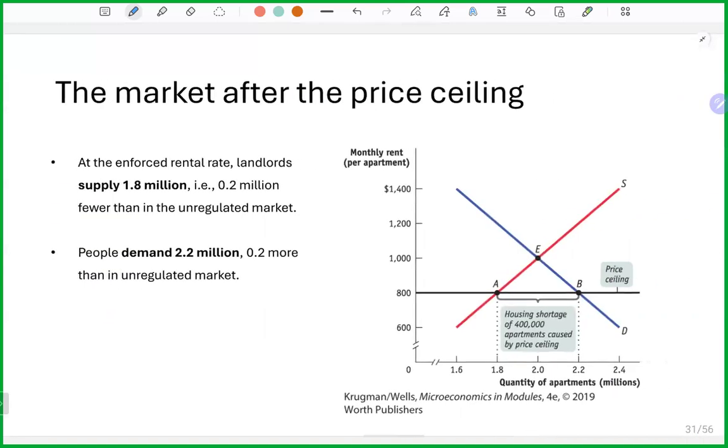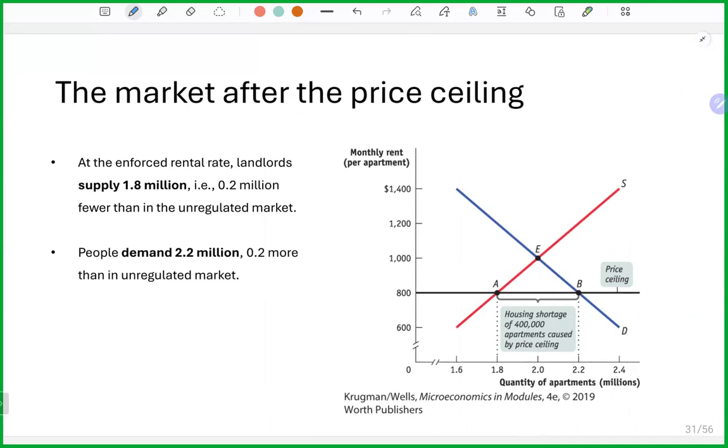Now, rent is controlled. This is a simple way of modeling the price ceiling, a maximum price. The price cannot be above $800, so rent cannot be above $800.